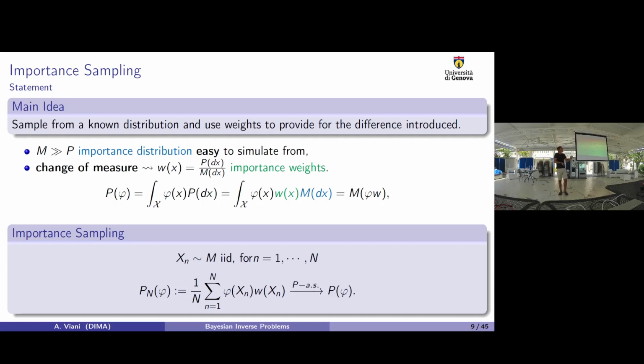The problem is that if the two measures are too different, this ratio can become very, very small or very, very big. And you don't want to have weights that are too different from each other because of the convergence or numerical problems. But I think that I don't know if you take a measure and another one, if you take a measure, you're always able to take a measure that is absolutely continuous with respect to that. But in the Lebesgue world, I think yes.